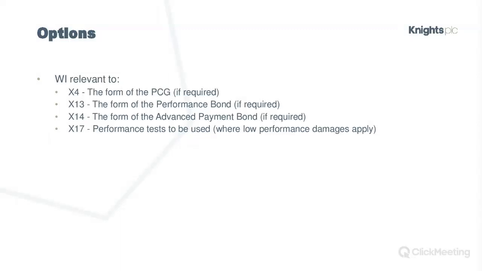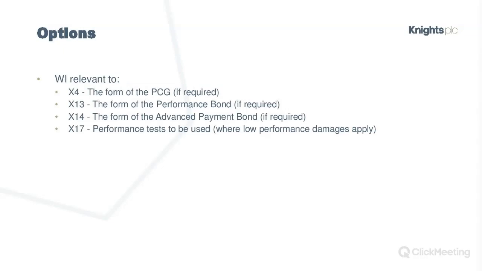So just be careful there, because if it's not in, you could end up with a little bit of debate, stroke argument, as to how tricky a PCG is required. X13, ditto with the performance bond. X14, advance payment bond, probably pretty super rare, I would say, for you guys.